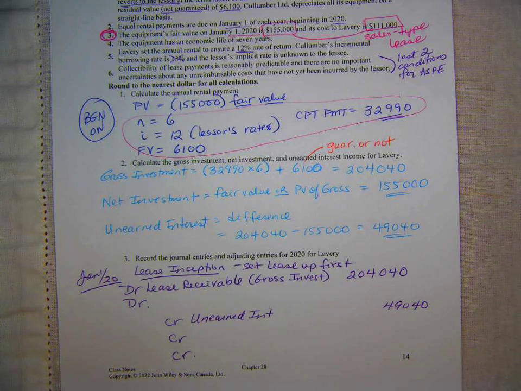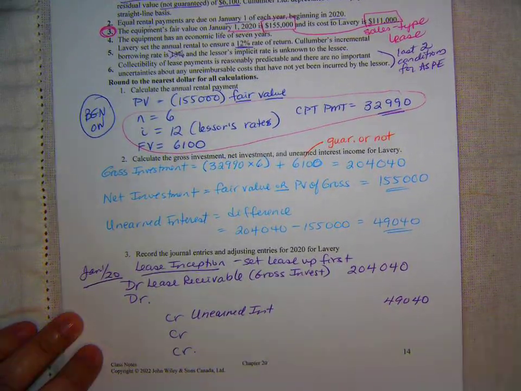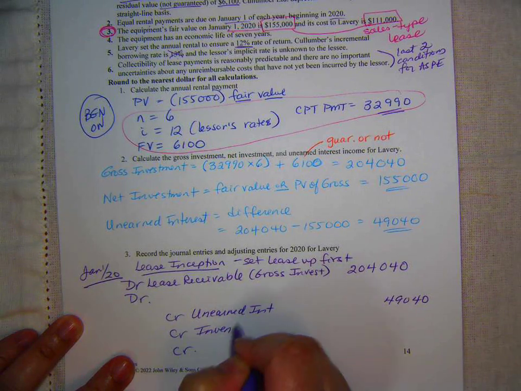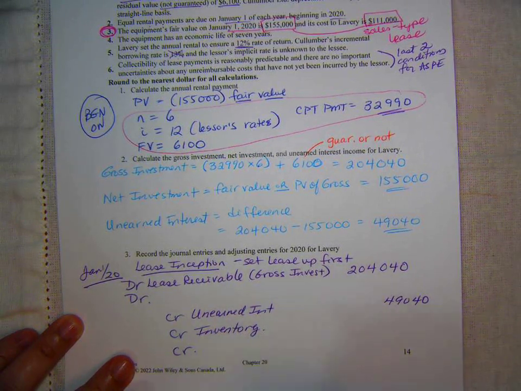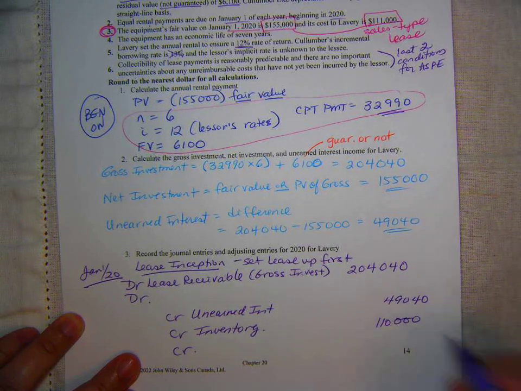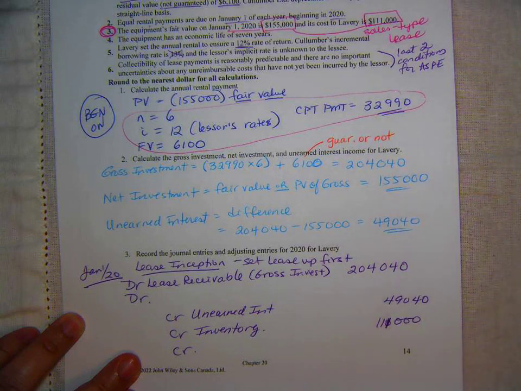So what is leaving our warehouse or our business? Well, because it's like a sale, it's going to be inventory. So inventory is leaving, and of course we're going to record it at cost. Whoops, sorry, it's 111,000.